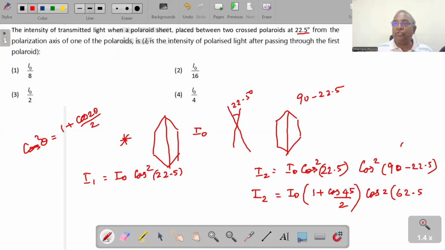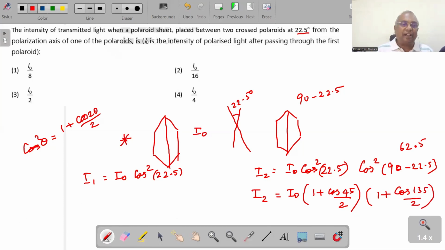This term, multiplied by 2, becomes 135. So the term will be 1 plus cos 135 by 2.